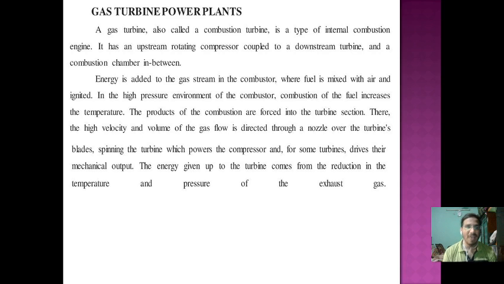Next one is gas turbine plants. In the gas turbine plant, we already saw the two types of turbines: open cycle turbine and closed cycle turbine. A gas turbine is also called a combustion turbine, and is a type of internal combustion engine.